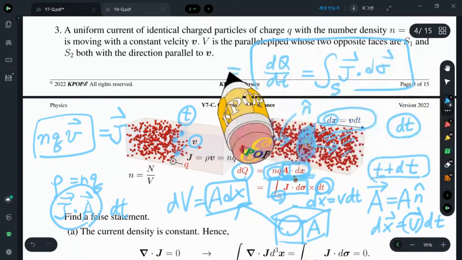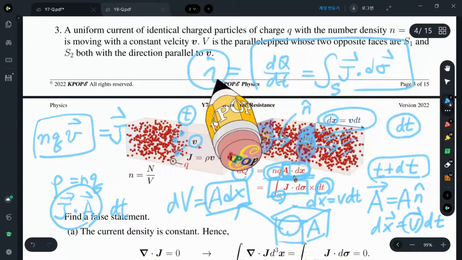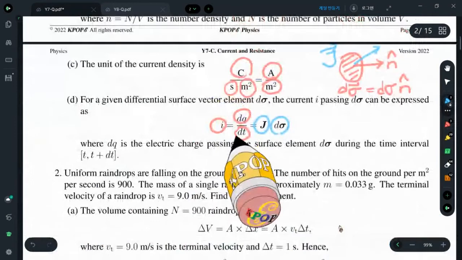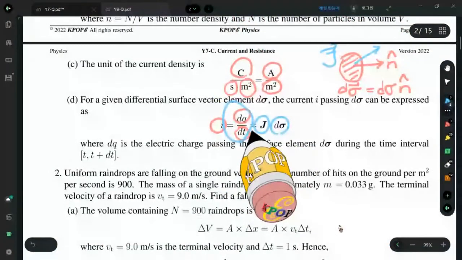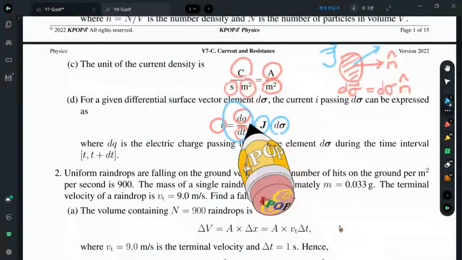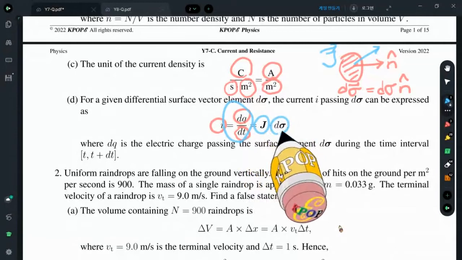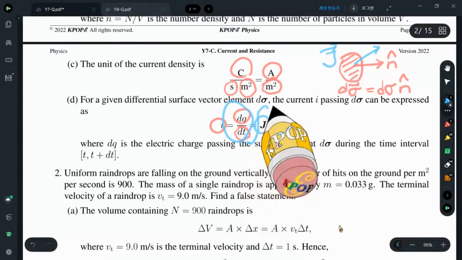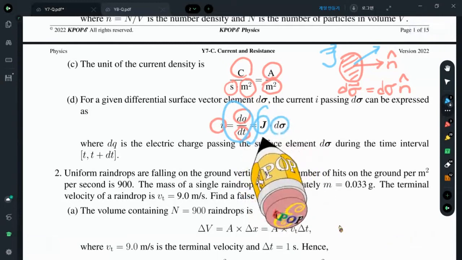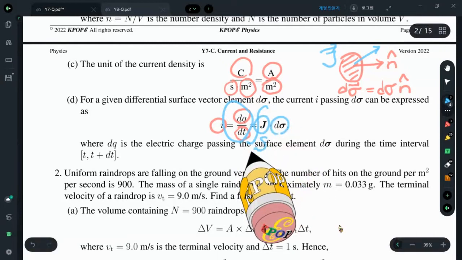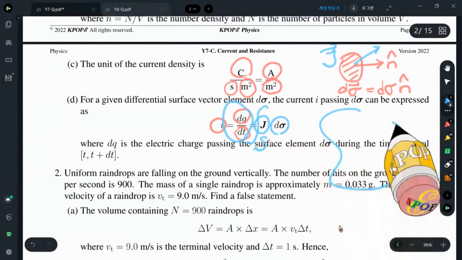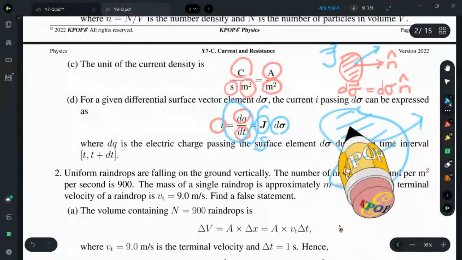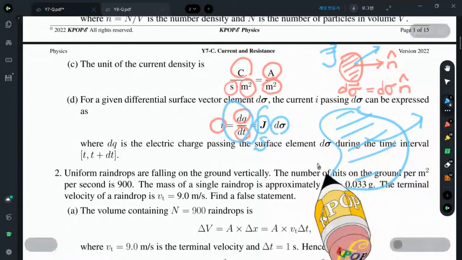Okay, that's the reason why we can write current I as a scalar product of current density multiplied by d sigma. What we have done here is extend this tiny piece to a finite surface, then an arbitrary surface can be considered to find the current passing through it.